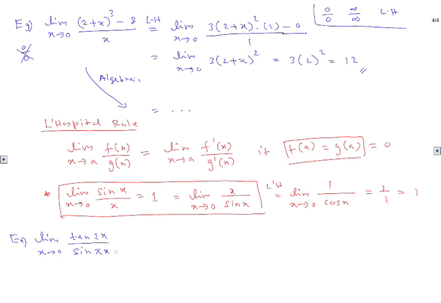You can see that both functions at 0 have the value 0, so it's a 0 over 0 situation. When you plug in 0, the top function is 0 and the bottom function is also 0.